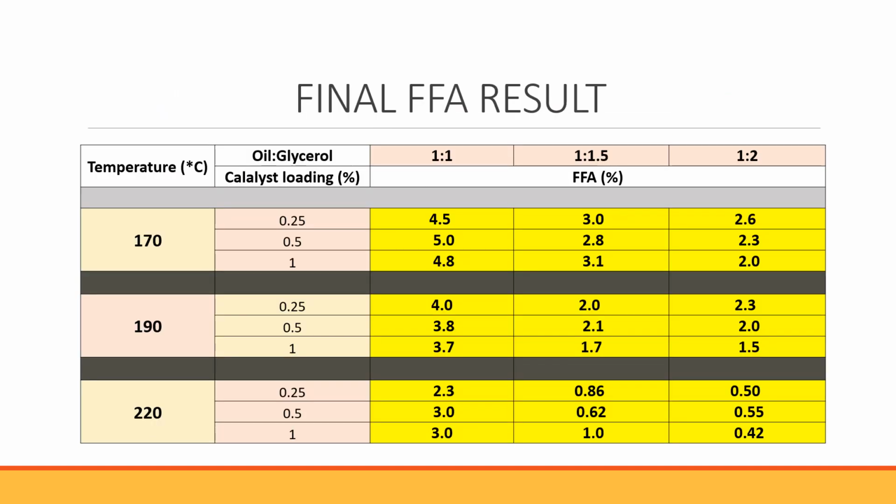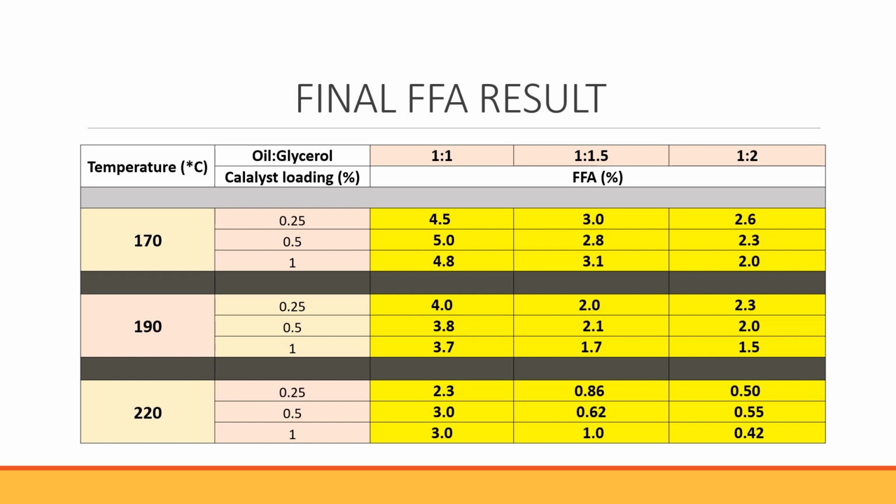So the final FFA result for all 3 parameters at all 3 values is depicted in this table. What we can conclude is that at a 1:1 ratio of oil to glycerol, the value is also good, considering that the initial FFA is 36%.